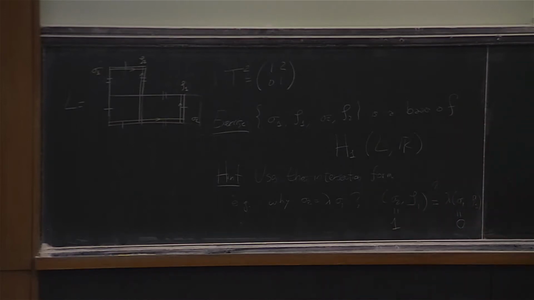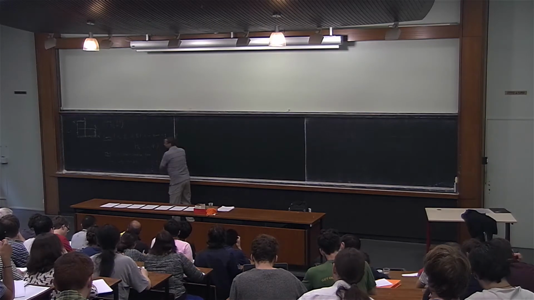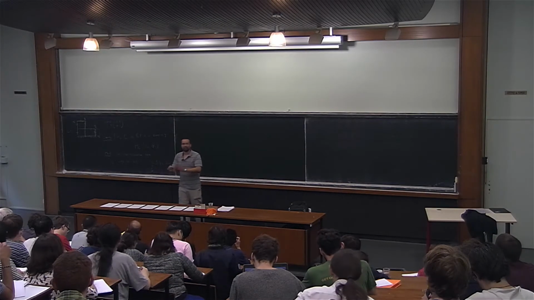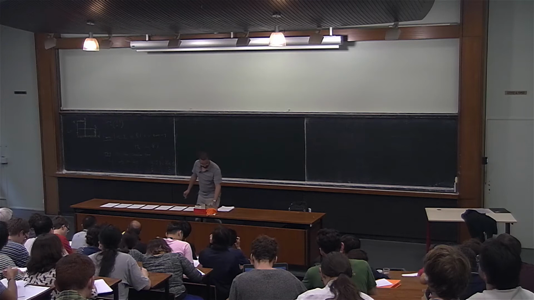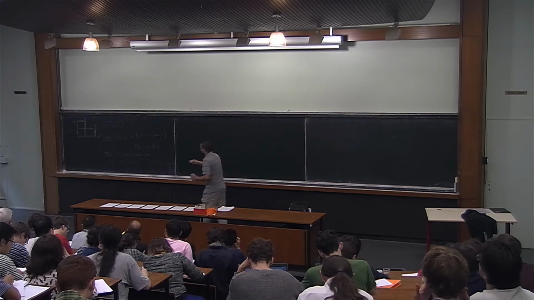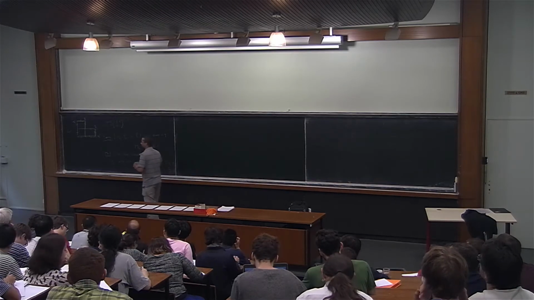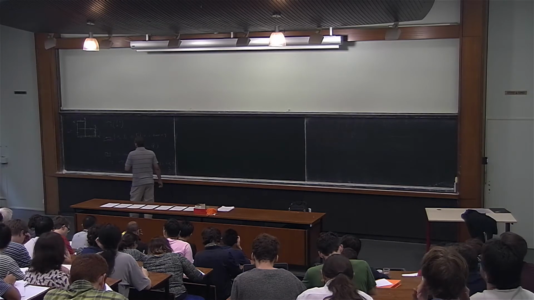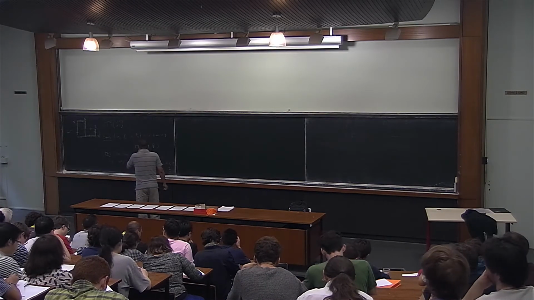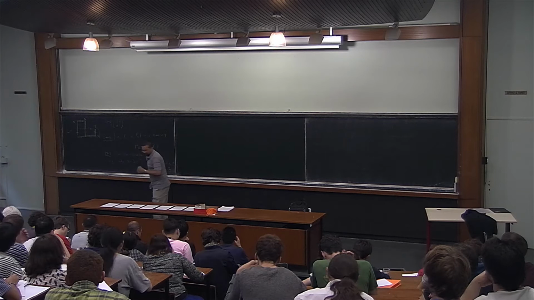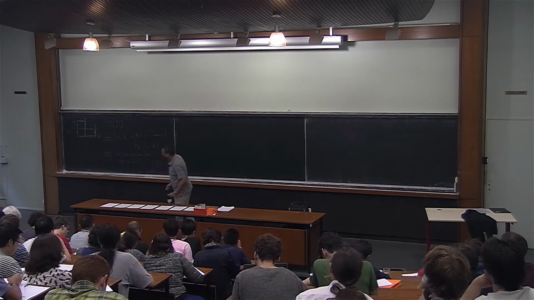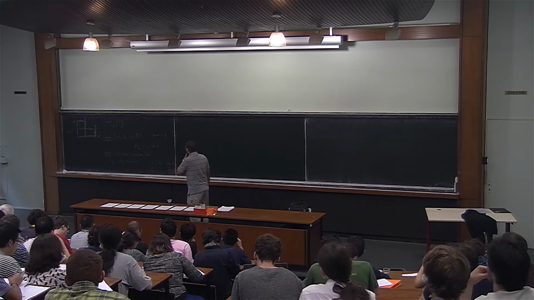And you can keep going like that to check that all these cycles are independent by finding other cycles which intersect some of them, but not intersect a part of the basis, but not the other. So this allows you to check linear independence. Okay, so this is the basis.